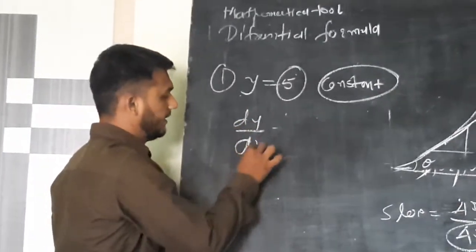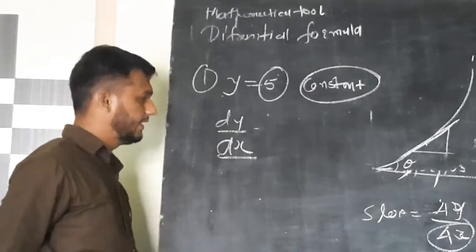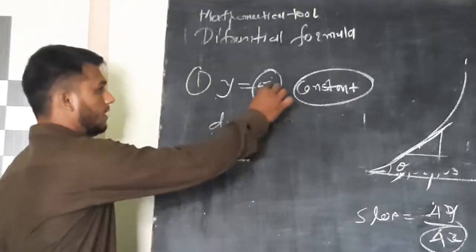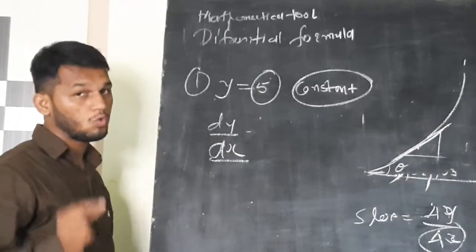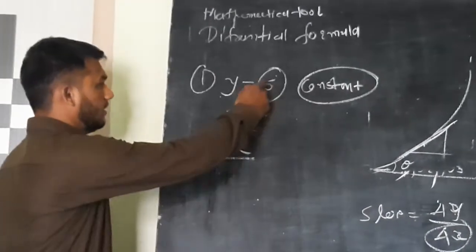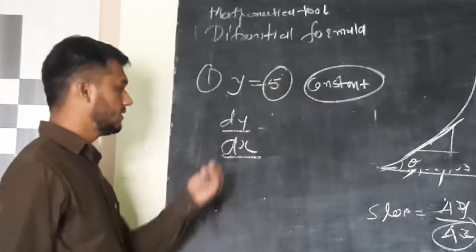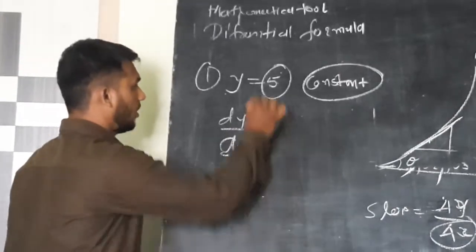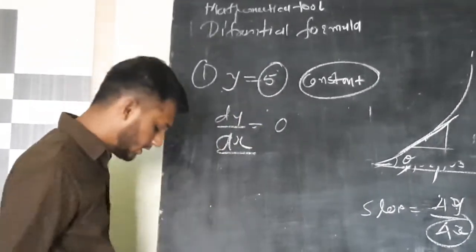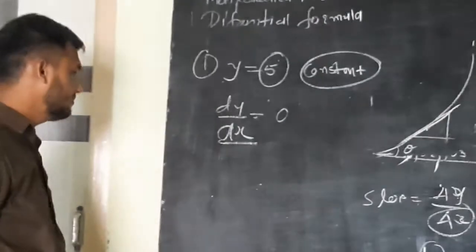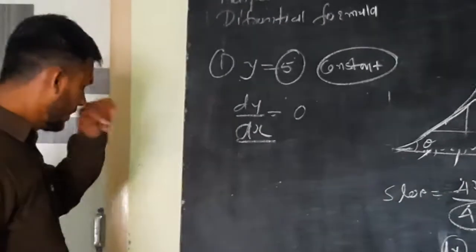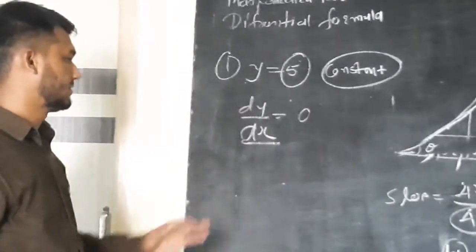Here 5 has no x in it, so it is a constant. So dy by dx of this value will be 0. So this is our first formula.